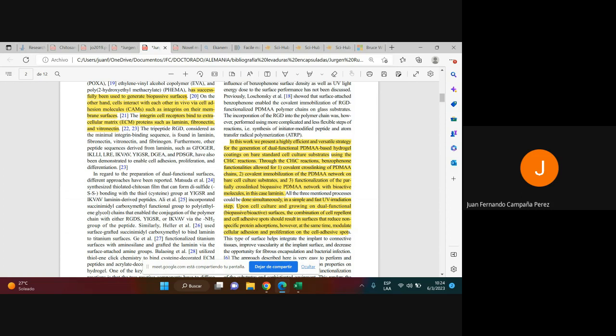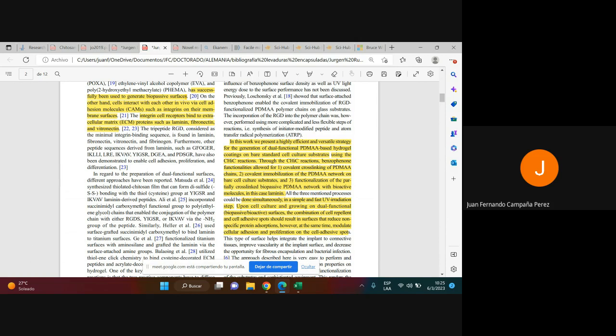Through these reactions, the benzophenone functionalities allow covalent cross-linking of the polymer chains and covalent immobilization of this polymer network on bare cell culture substrates, and the functionalization of the partially cross-linked biopassive polymer network with bioactive molecules such as laminin or some other protein.